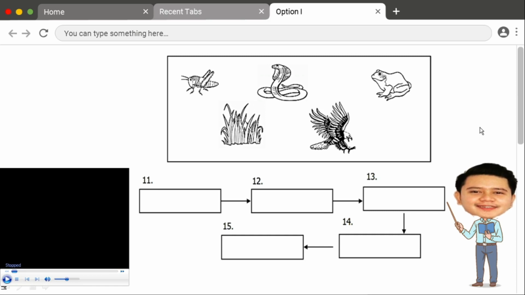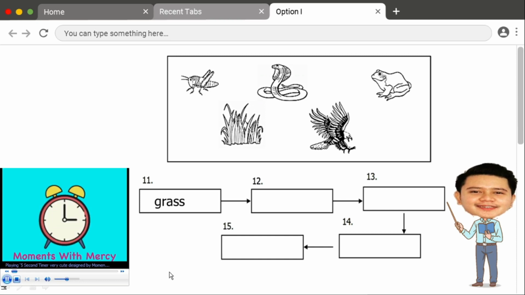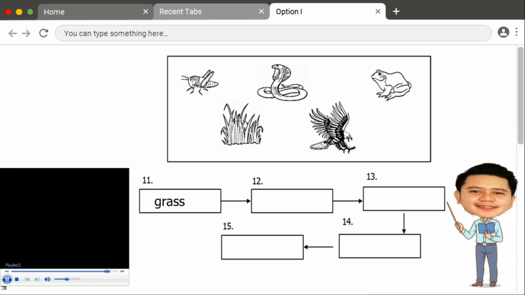So number 11 is grass. From grass, it is eaten by a, 5 seconds. Is eaten by a grasshopper. Very good. So a grasshopper is eaten by a, 5 seconds.